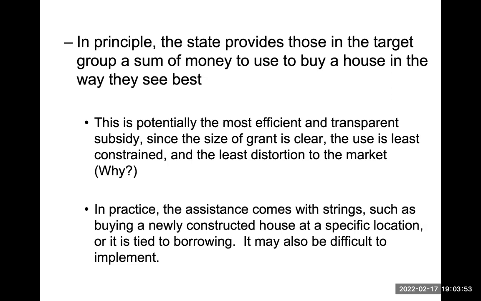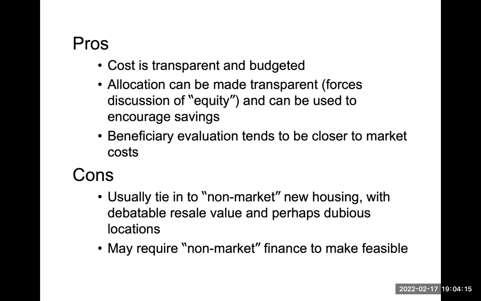So in practical terms, the assistance will come with strings, such as buying a newly constructed house at a specific location, or it would be tied to borrowing, which would become difficult to implement. So this is the principle at a fundamental level.